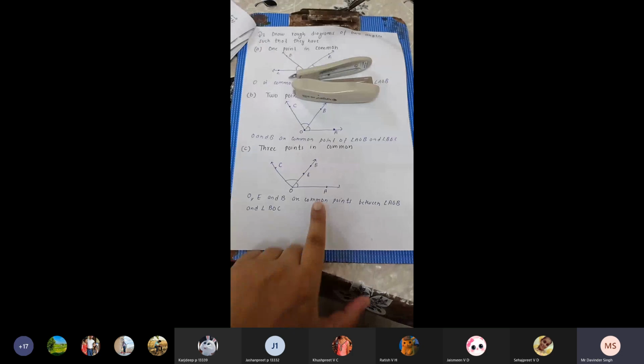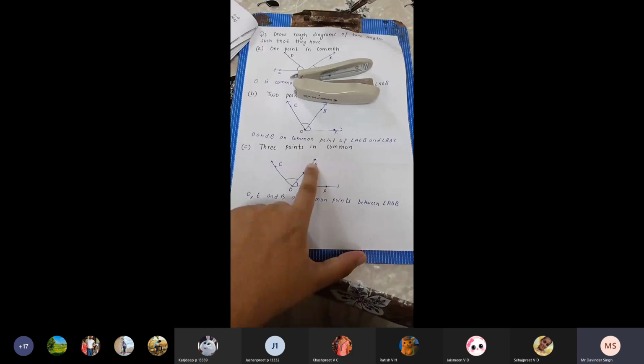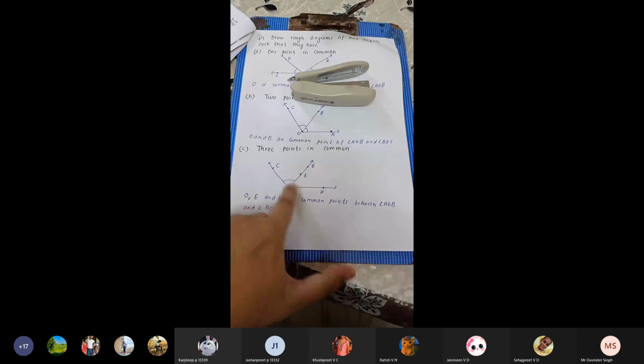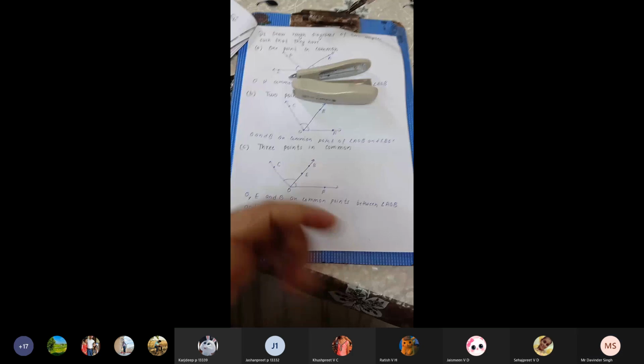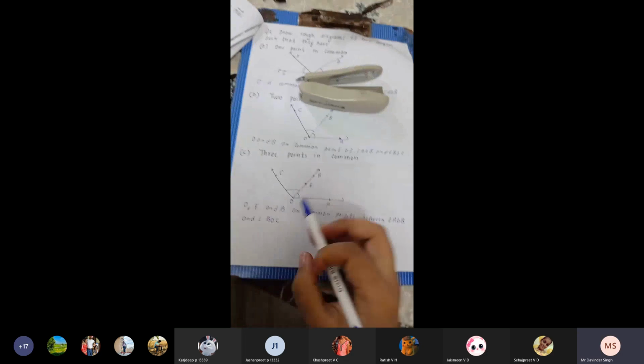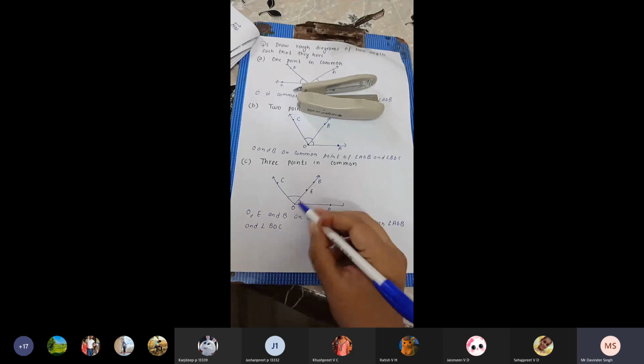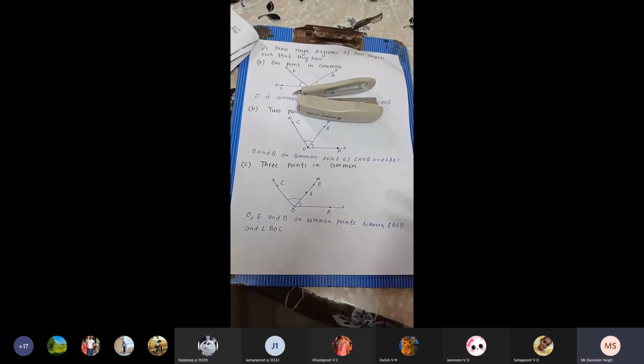Here you can see this is a diagram. I am talking about the angle AOB and BOC. You can see what the common points here are. Which are the common points in AOB and BOC? Look, B is common, E is common and O is common.